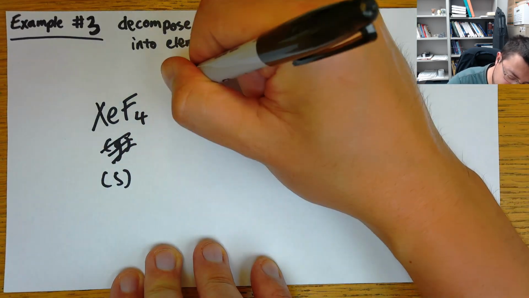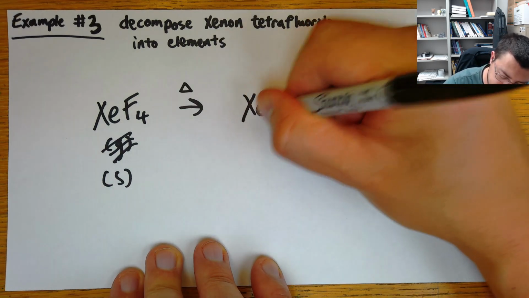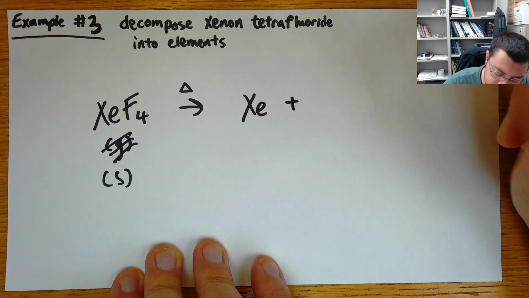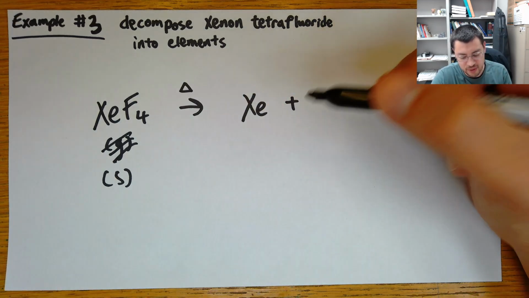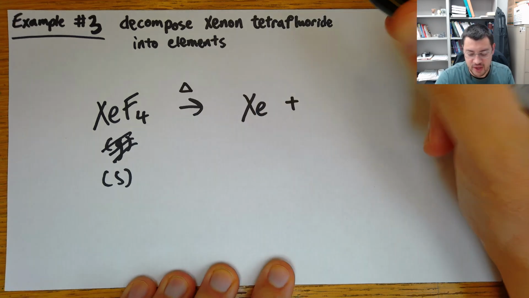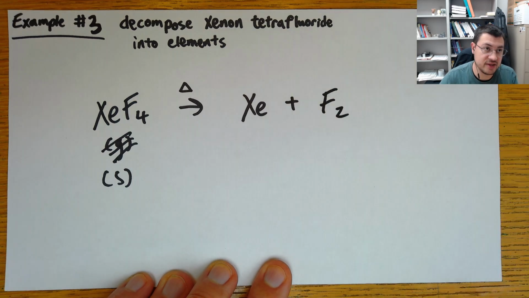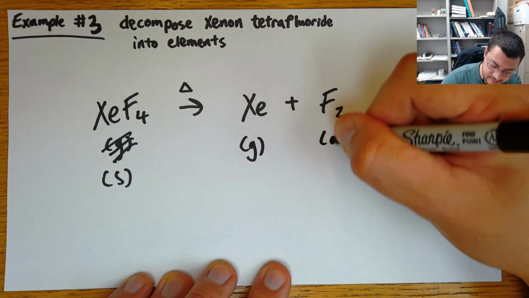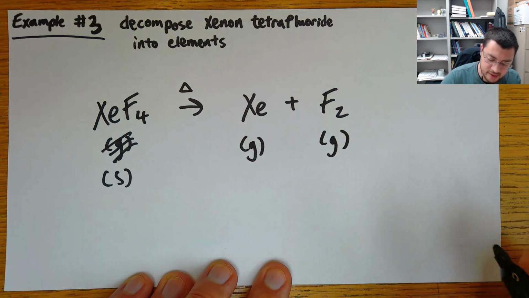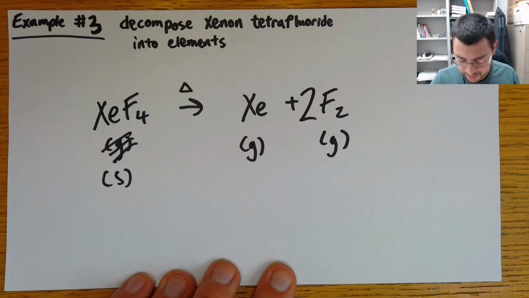And then apply some heat, and then we'll get... All right, so xenon's a noble gas. So if you decompose it, it'll be by itself. Whereas fluorine's one of your diatomic gases, so you have to write it as a 2. All right, looks like all I need is a 2 there, and we're balanced.